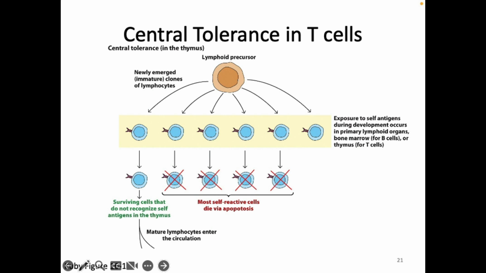This cell is actively harmful. It binds self a lot. You could end up with autoimmunity from this cell.